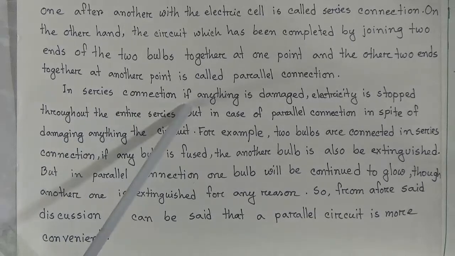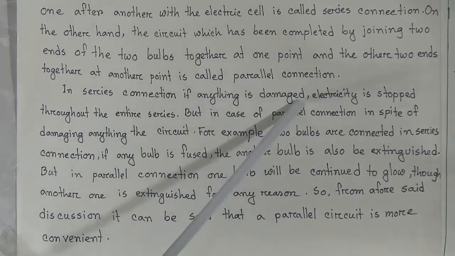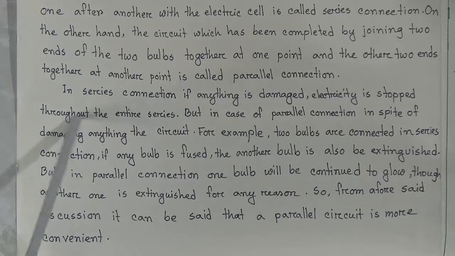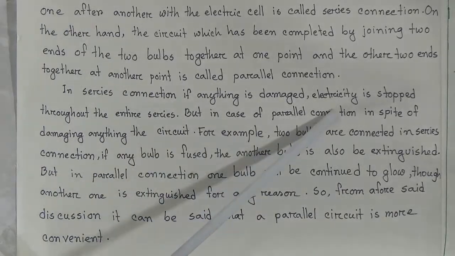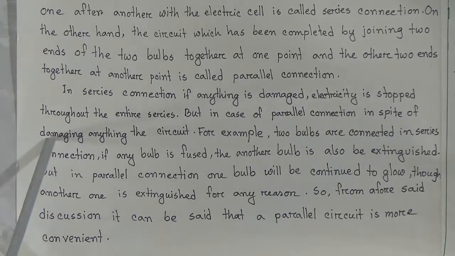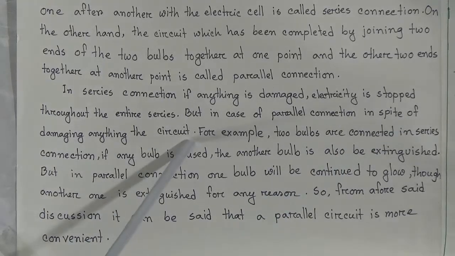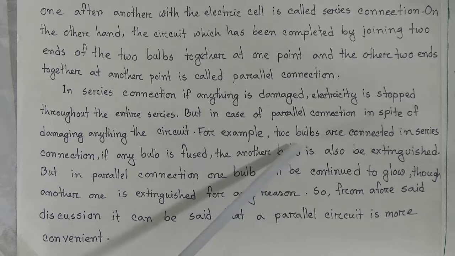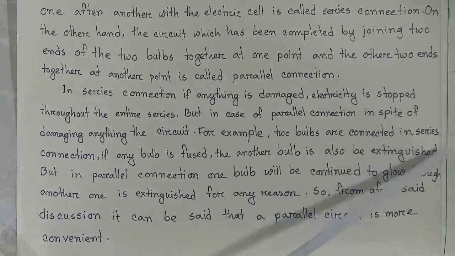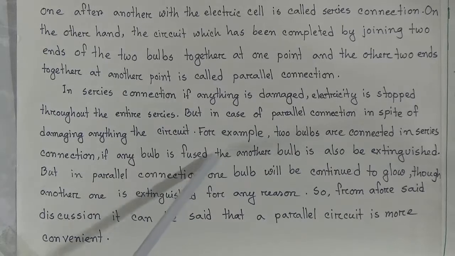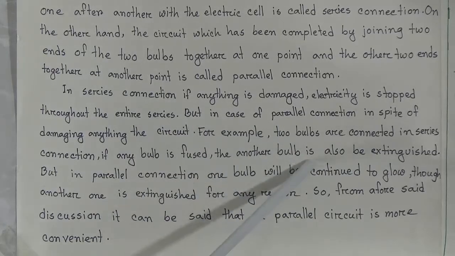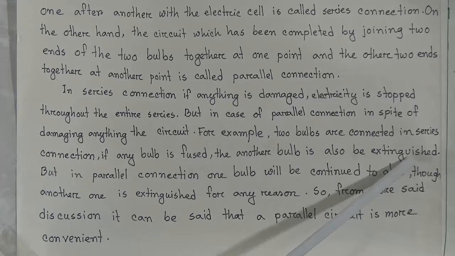In series connection, if anything is damaged, the electricity is stopped throughout the entire series. But in case of parallel connection, in spite of damage to anything, the circuit continues. For example, if two bulbs are connected in series and any bulb is fused, the other bulb is also extinguished.